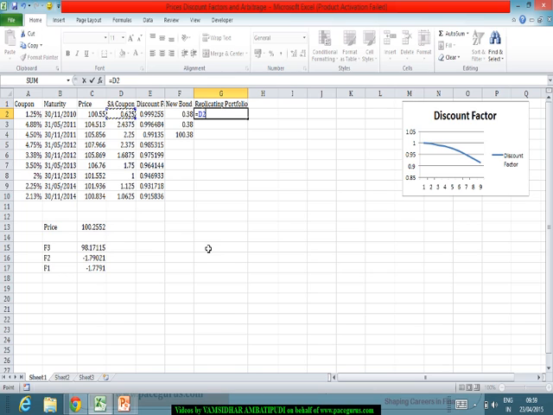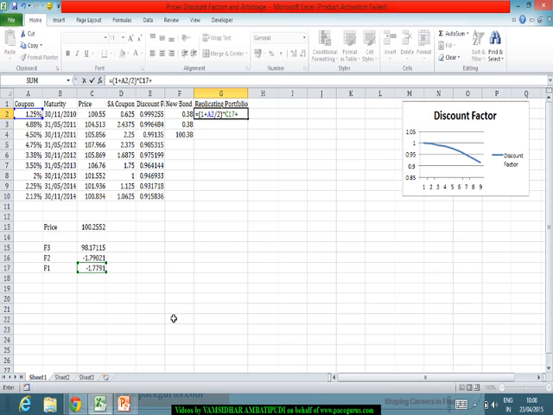The coupon and the principal, both of them are being paid. So what is the amount that is getting paid? This is the percentage that is getting paid, and on the face value it is this much. This is the face value of the purchase that we are doing.